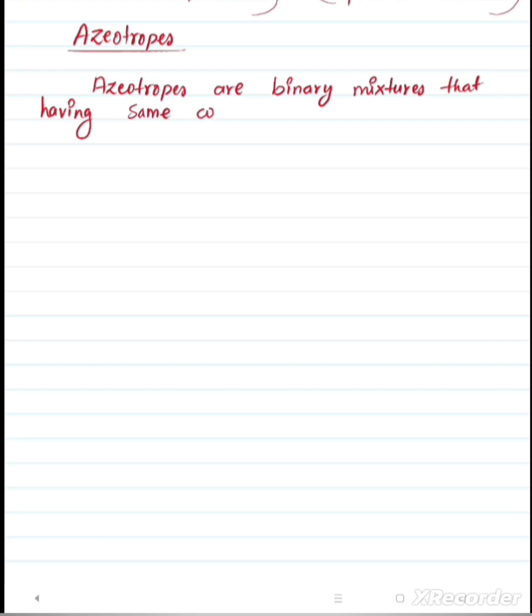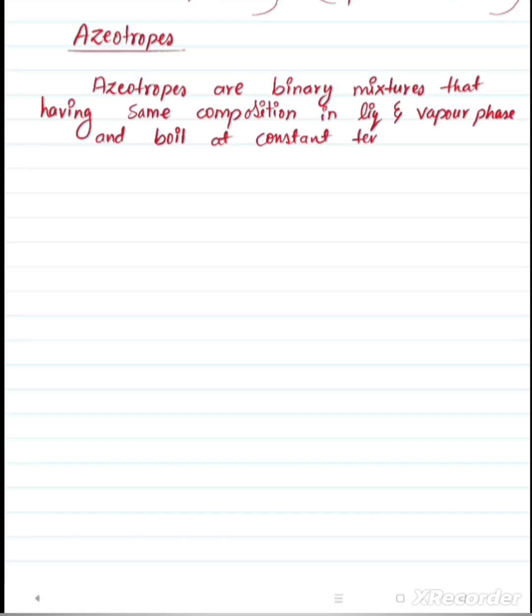So what is the definition of azeotropes? Azeotropes are binary mixtures that have the same composition in liquid and vapor phase, and boil at constant temperature.